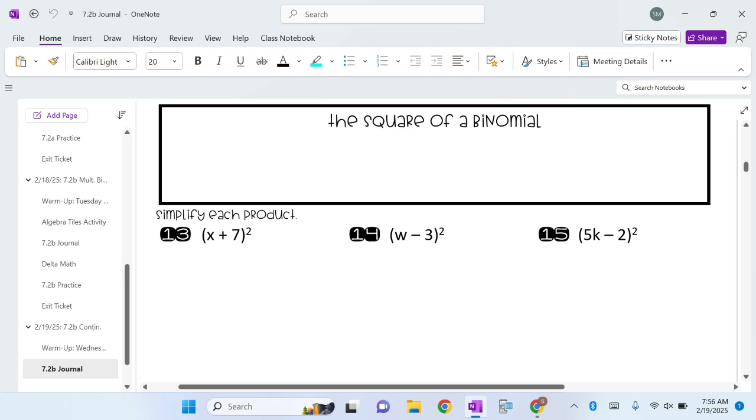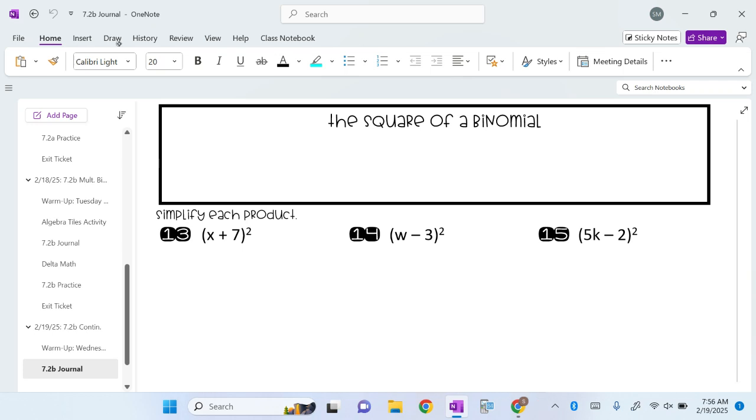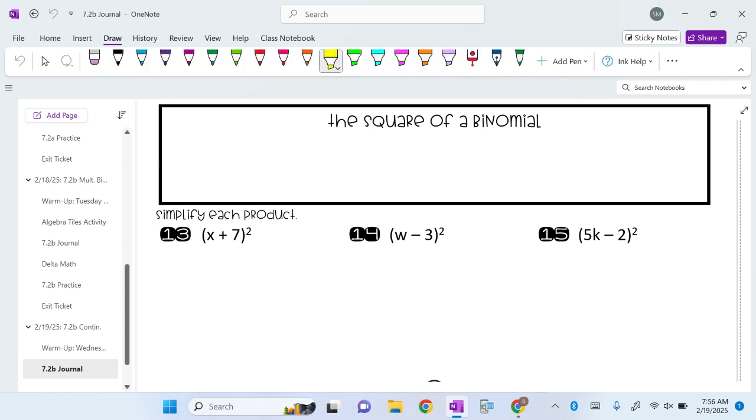So the first special case that we have with special products is called the square of a binomial. And all that means is that if you had a plus b squared, so it's just a binomial in parentheses and it's all squared, it's actually equal to, if you multiplied it through, there's a formula.